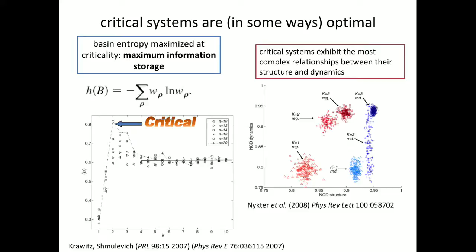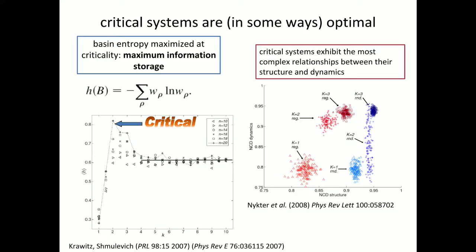Okay, so long story short, what happens? It turns out that for critical networks, if you run this for many, many types of networks and you tune them to be critical or ordered or chaotic, the information storage, or the basin entropy, is maximized at criticality. And this is provably so.